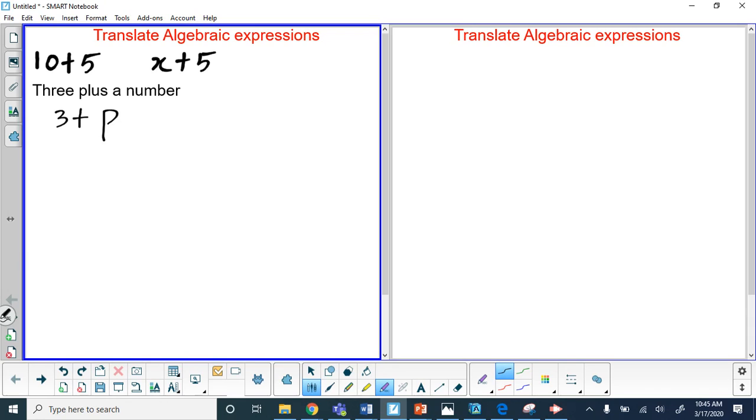Yes, number one, the sum of three and a number. Number two, a number is added to three.